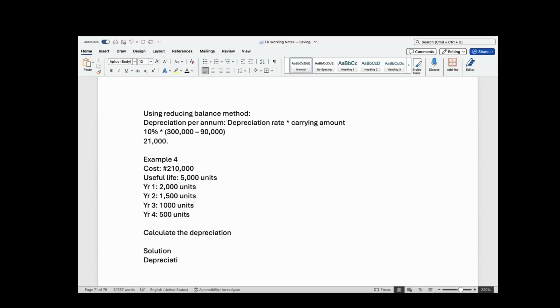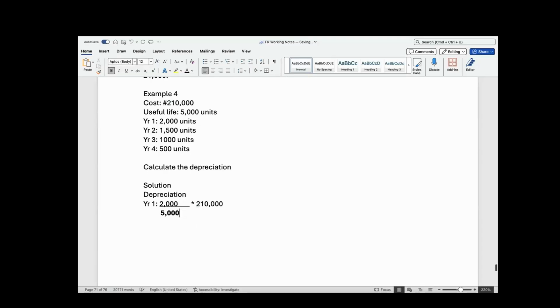Your depreciation in year one, since it can do 2,000 out of a total of 5,000, is just that fraction multiplied by the cost. If you were given residual value, you multiply it by cost minus residual value. Whatever you get is your depreciation in year one.